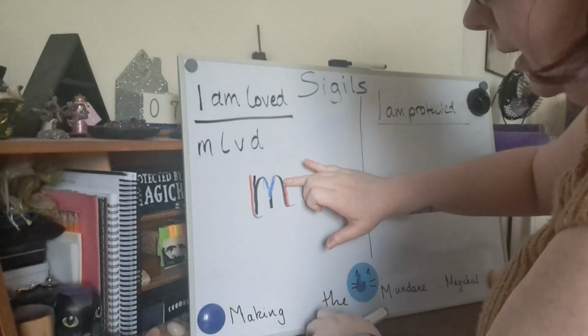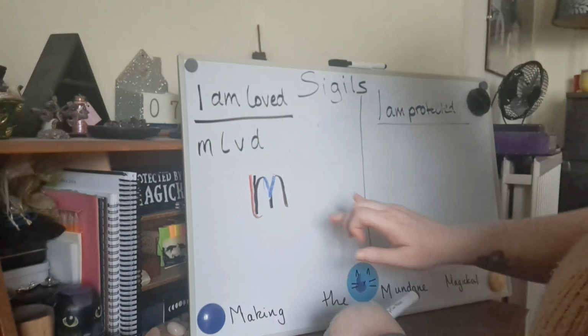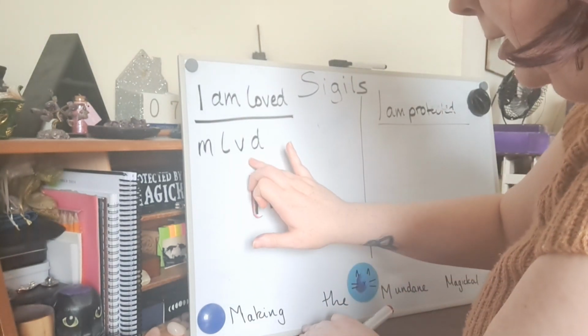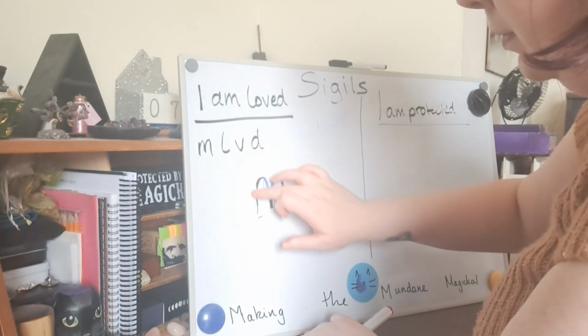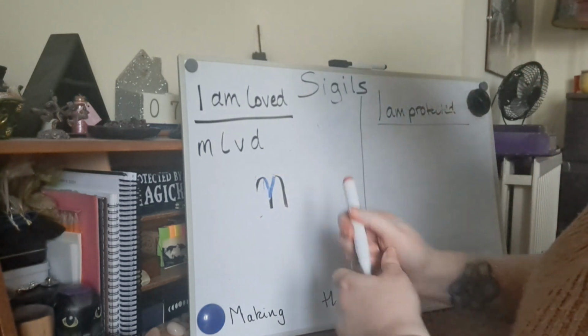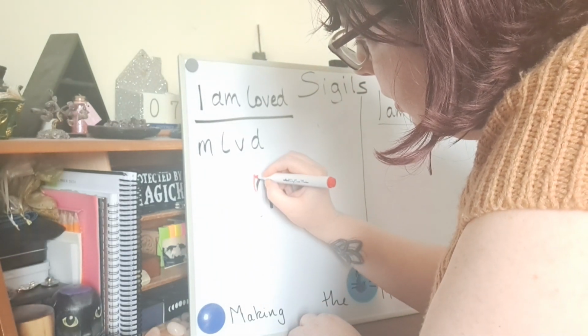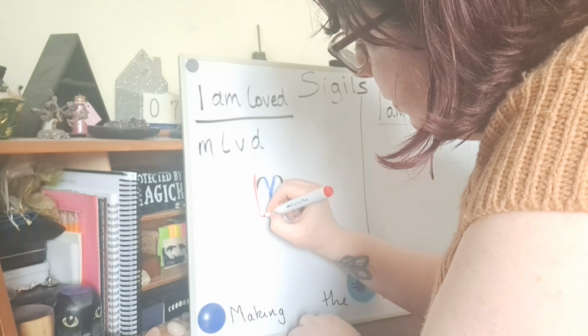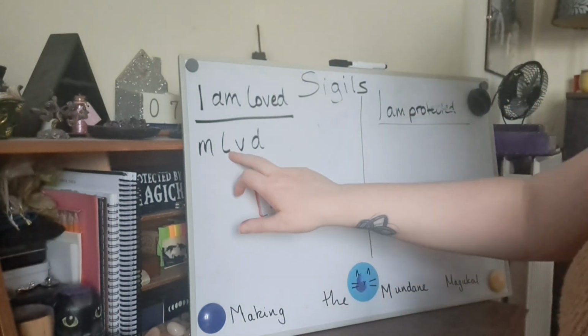But I kind of don't feel like it's... that part of the M is not part of it. So that's the L. So we've got the M, the L, the V.